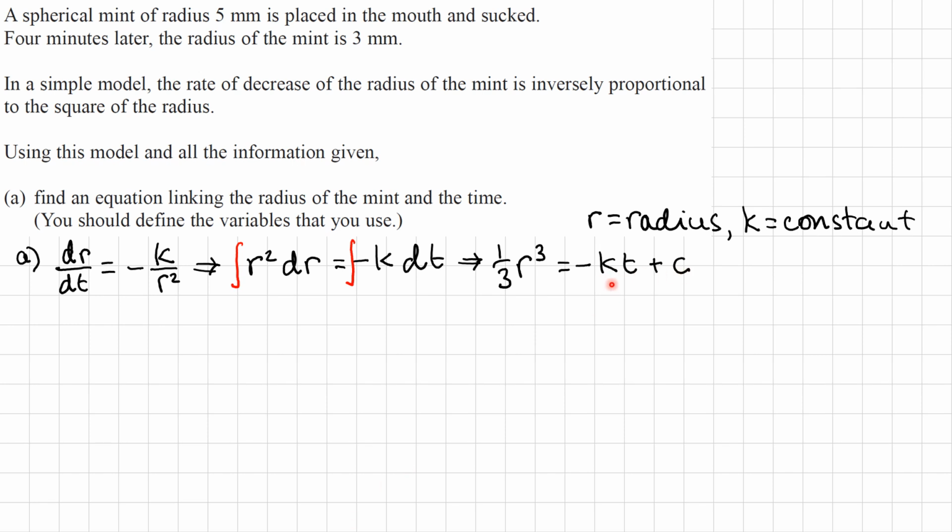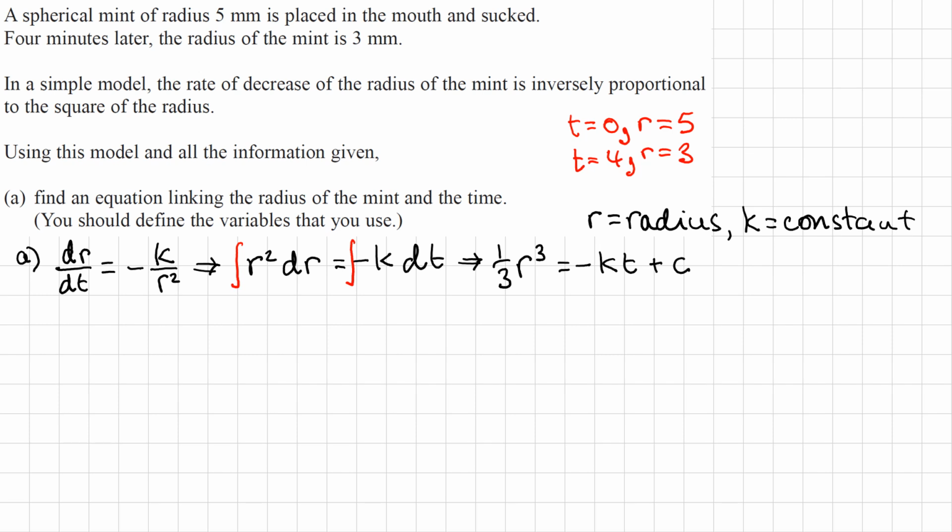And I need to work out what both of these constants are. I can do that by looking right at the beginning of the question, where it says that when the mint was first put in the mouth, in other words when t is 0, we're told that the radius of the mint is 5, and we're told that 4 minutes later, so when t is 4, the radius is 3. So we're going to substitute both of these bits of information in to find k and c.